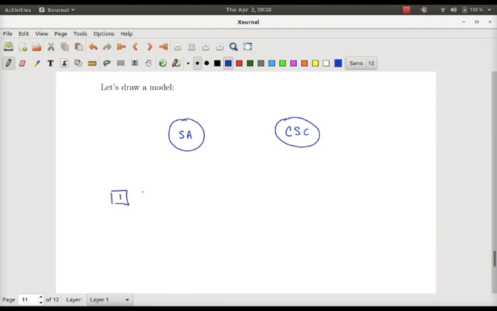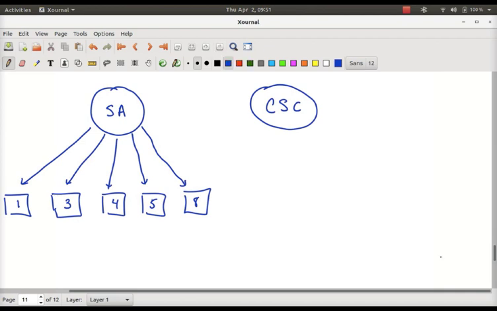So item 1, item 2, or sorry, item 2 we left out, right? Item 3, item 4, item 5, and item 8. These were all loaded by this statistics anxiety factor. So let's draw causal arrows, and then I'm going to zoom in just a little bit more. Where is my, there it is.